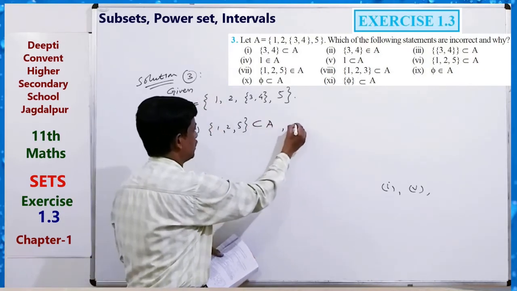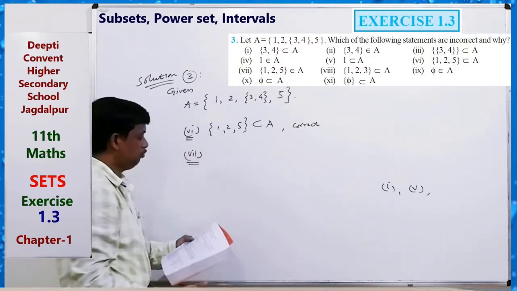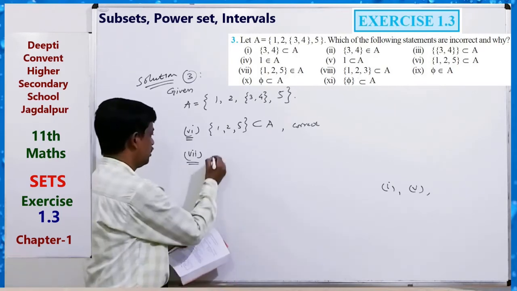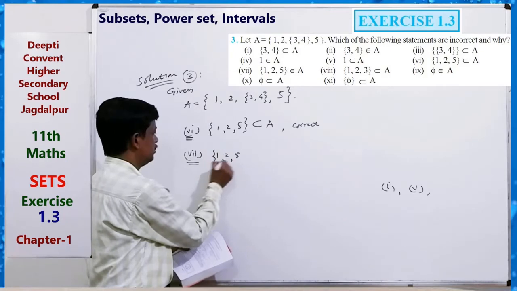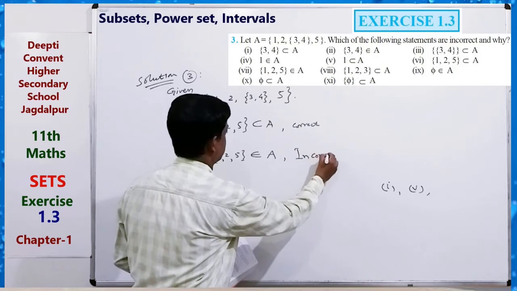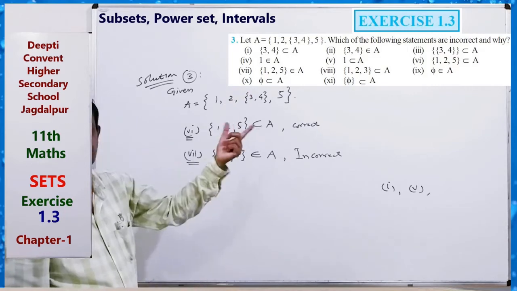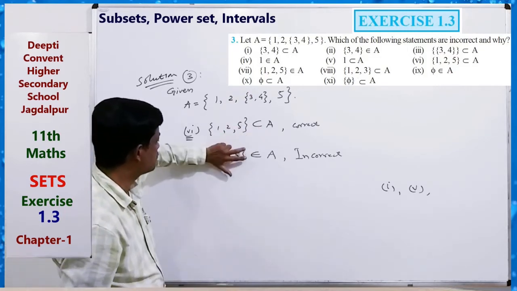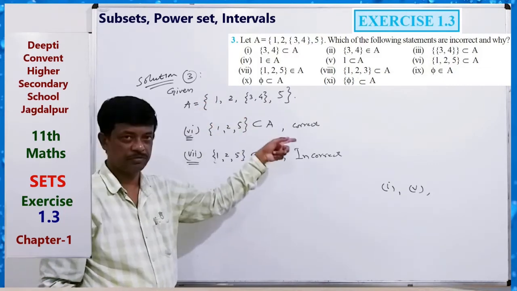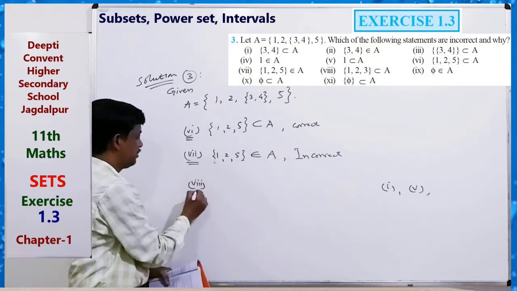So this is a subset, correct. 7 is correct. 7: {1 to 5} belongs to A. Incorrect. {1 to 5} is not an element of A, because here 1 to 5 is a subset of it. Okay? Incorrect.